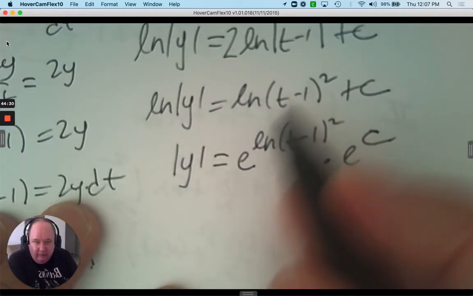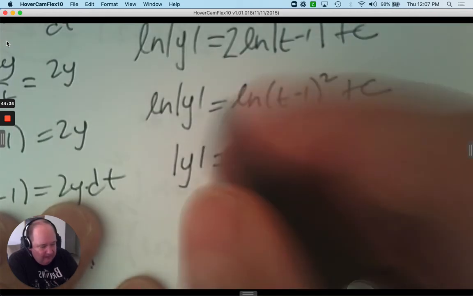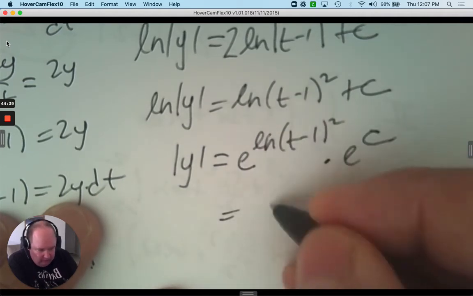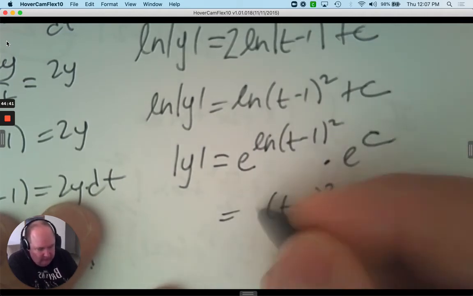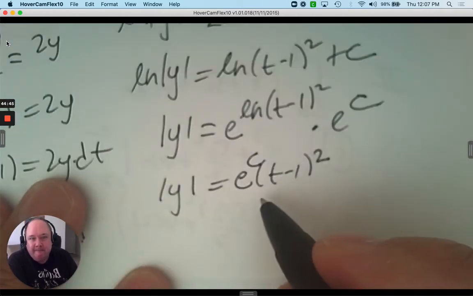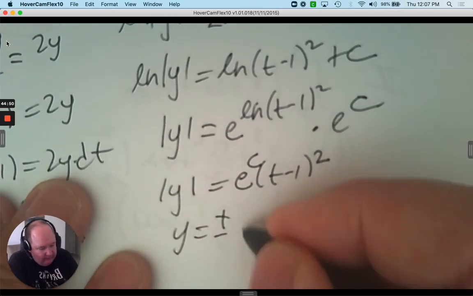You know this technique, e to there and then times e to the c to separate them. Recognize that e and ln cancel out. So it's just t subtract 1 squared, and then we have e to the c in front. And then to remove the bars, it's plus or minus e to the c.